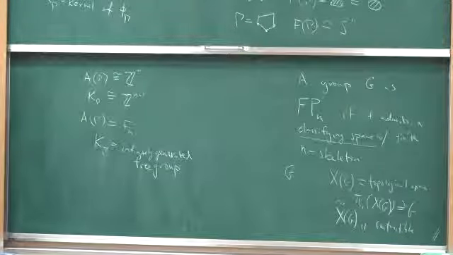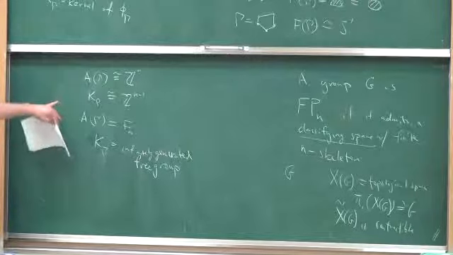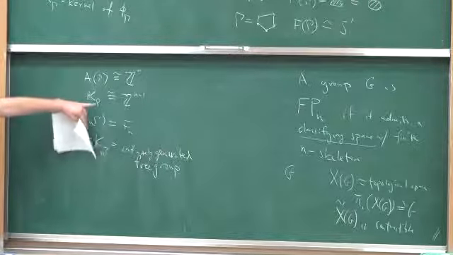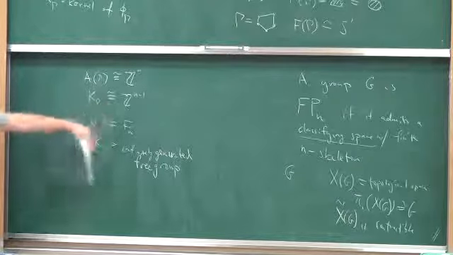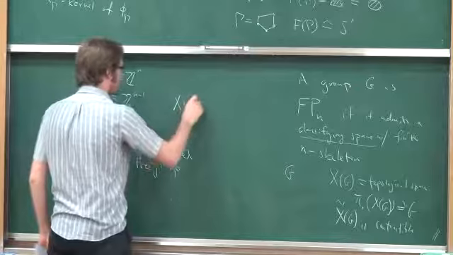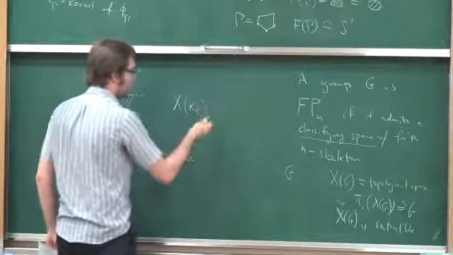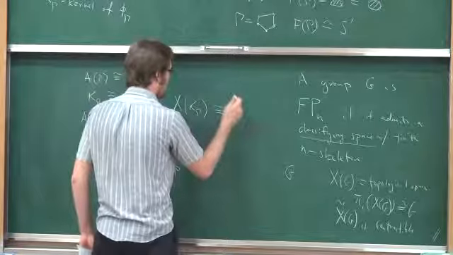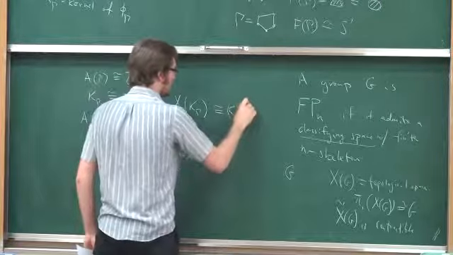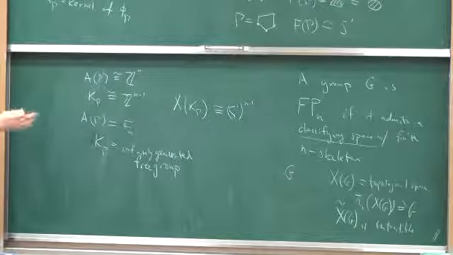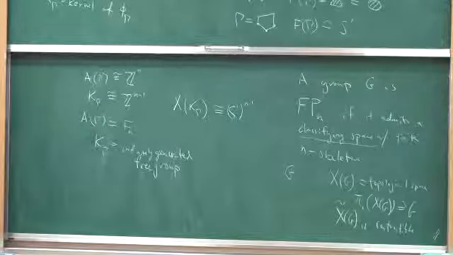So a classifying space for, say, K gamma over here, so this is just some free abelian group, X of K gamma can be, for example, S1 to the n minus 1, which has a finite n skeleton in all dimensions.